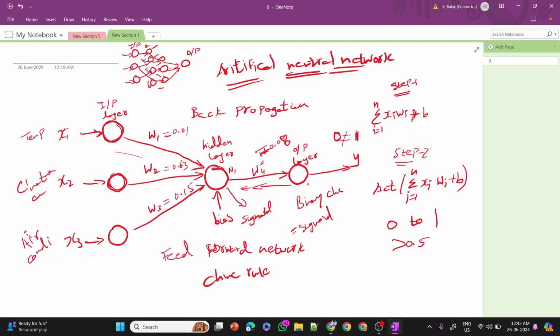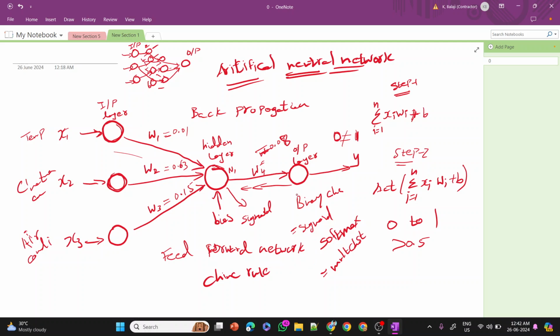It can be good, bad, normal, or very bad. When the data has these kinds of multiple classes, we need to use the softmax function. The softmax function uses probability, and it is used for multi-class classification.